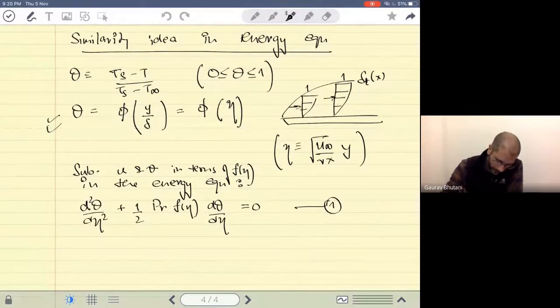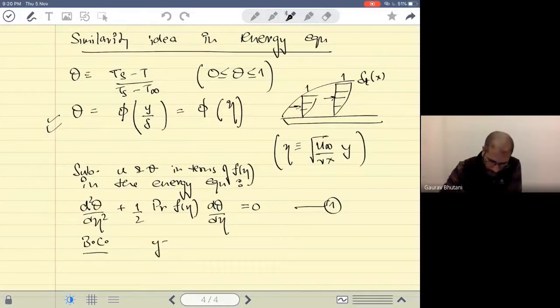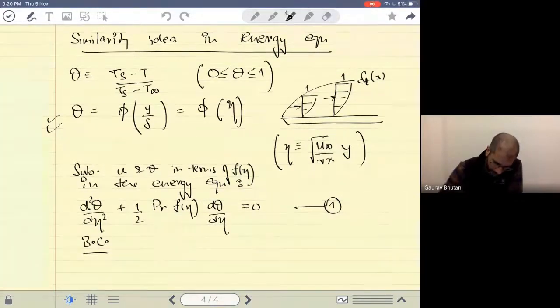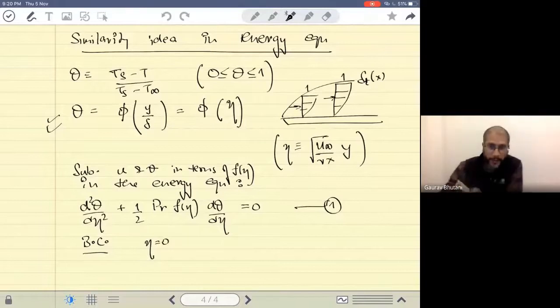And we also need the boundary conditions. We need two boundary conditions because we have a second order ODE for theta here. The first one is, remember, at y equal to 0, you had T equal to T surface. Well, we don't need to write that because we already have discussed the boundary condition. So for eta equal to 0, that is on the surface, we have theta equal to 0.